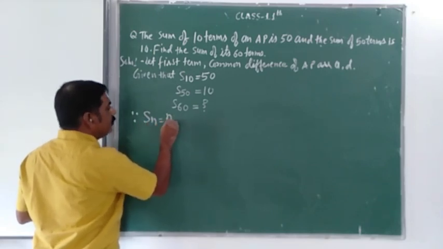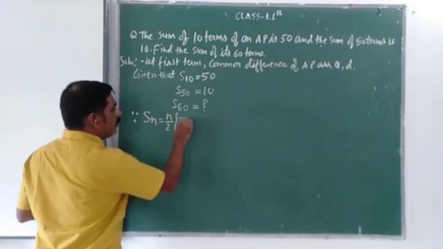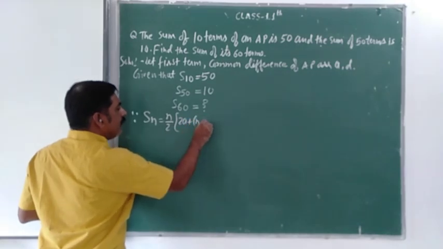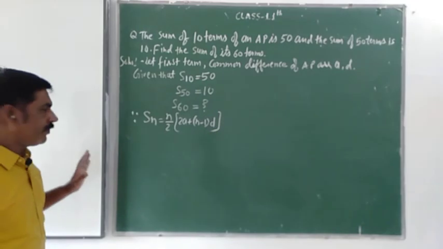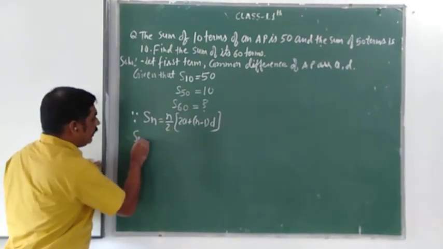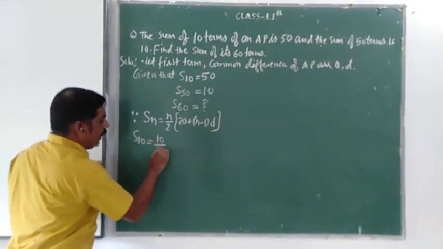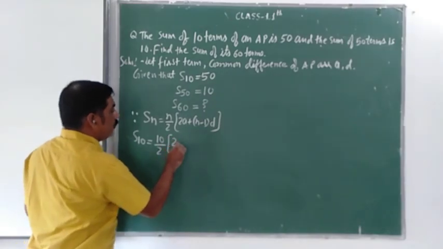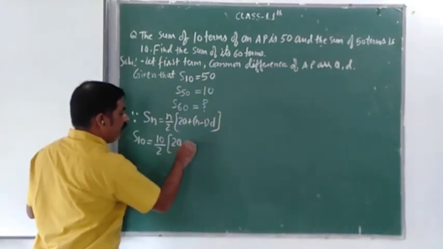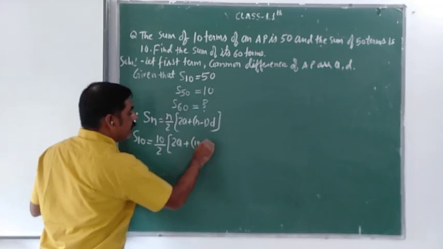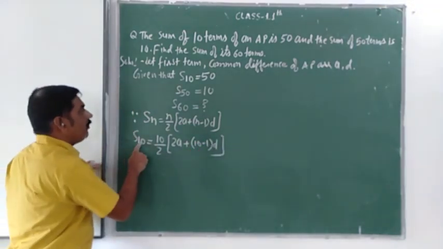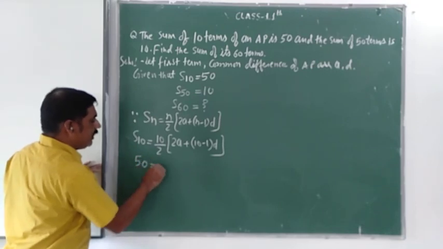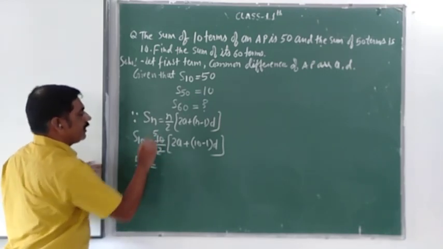Now, since Sn is equal to n by 2 into (2a plus (n minus 1) into d), S10 is equal to 10 by 2, 2a plus (10 minus 1) into d. The value of S10 is 50, 2 5s are 10.